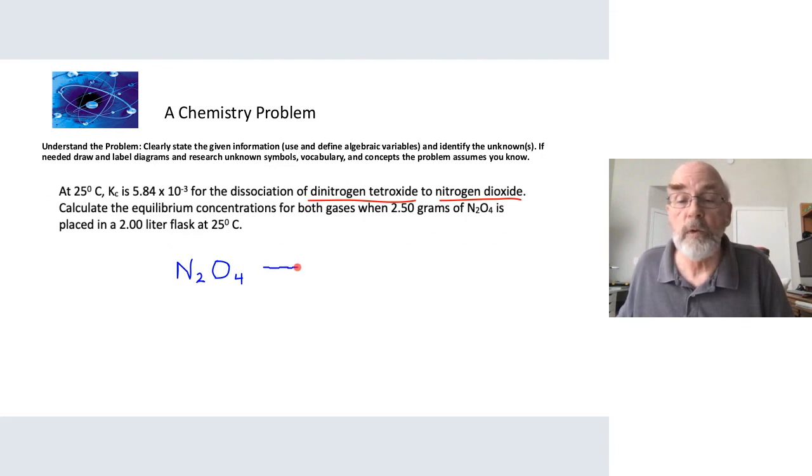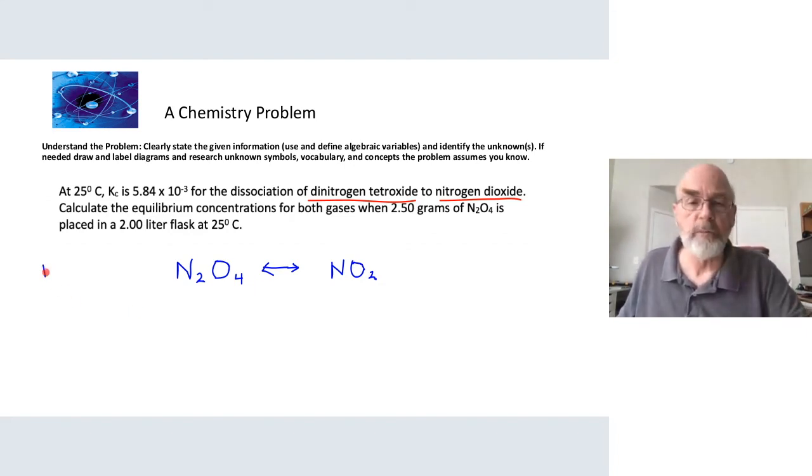And since this is an equilibrium problem, I know this. But if I didn't know that, I would have to do some research or read my chapter again that I'm working on for this homework assignment, or this problem to solve. Yields, and this is my product side, is going to be nitrogen dioxide. Okay. So that's where I'm going to start.